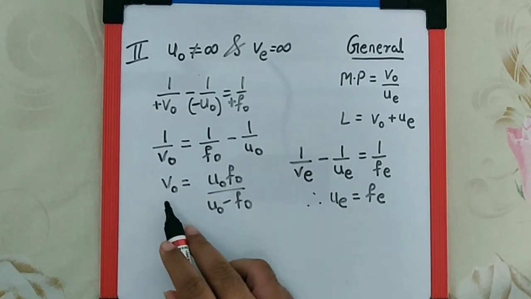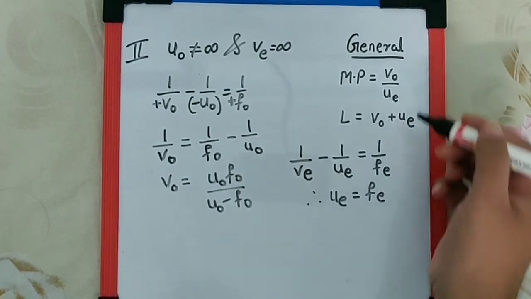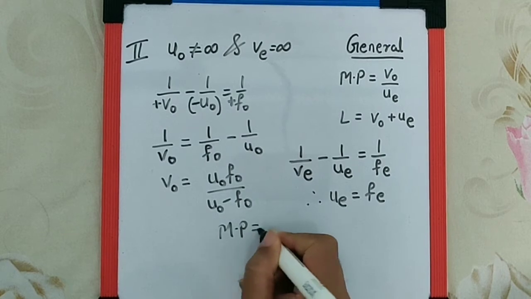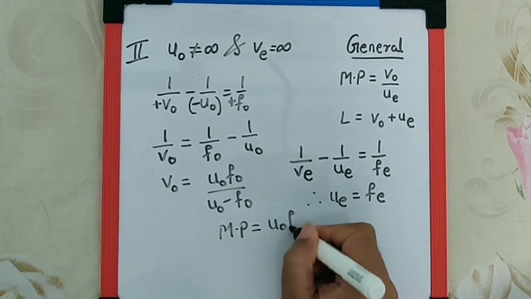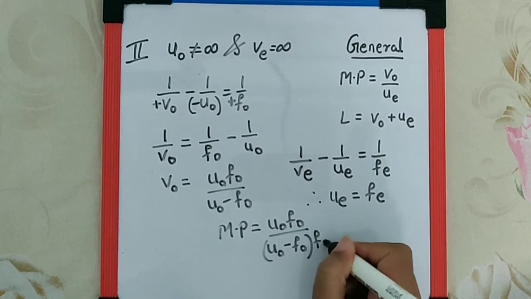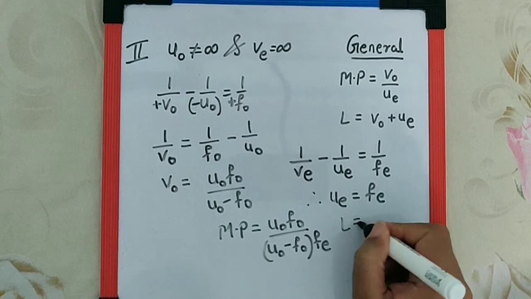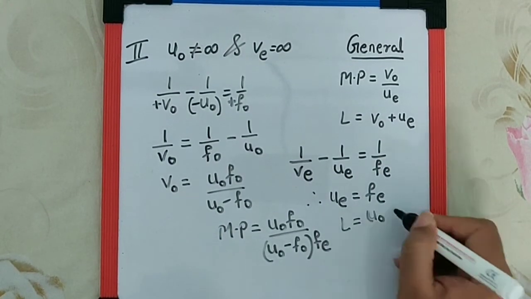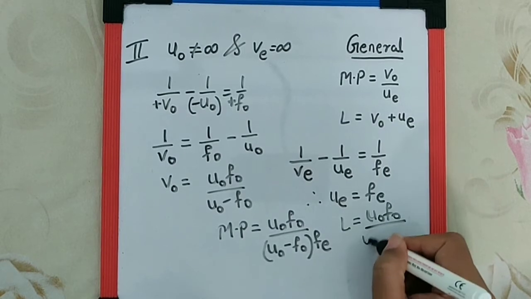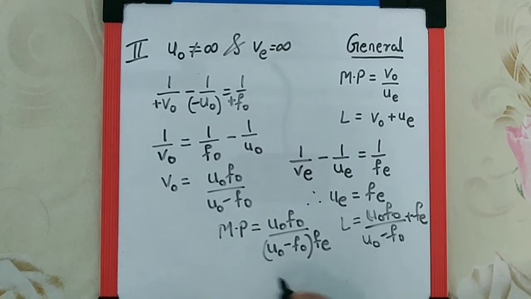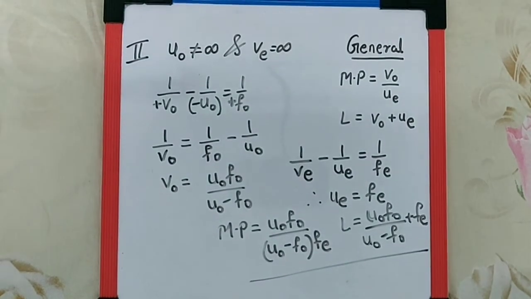And so now if we substitute the value of VO and UE over here, we get the magnifying power to be UOFO upon UO minus FO into UE, that is FE, and L, instead of VE we can substitute UOFO upon UO minus FO plus FE. Now this becomes the formula.